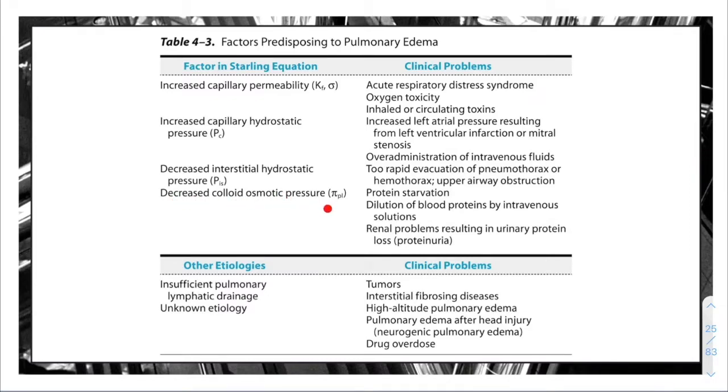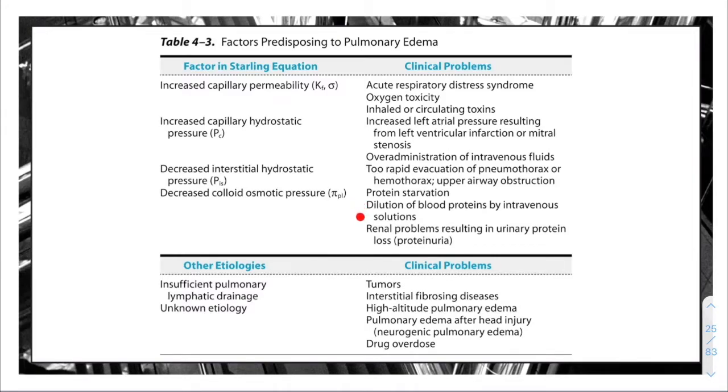Decreased colloid osmotic pressure, like in patients with kwashiorkor or protein starvation. Because the albumin in the blood is not enough to hold the fluid, decreased colloid osmotic pressure will push the fluid to your interstitial spaces.